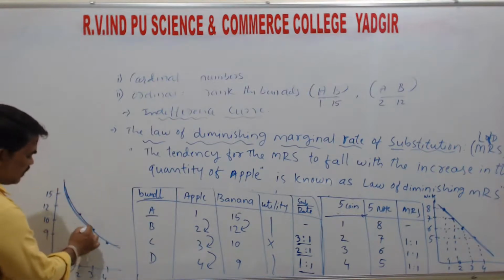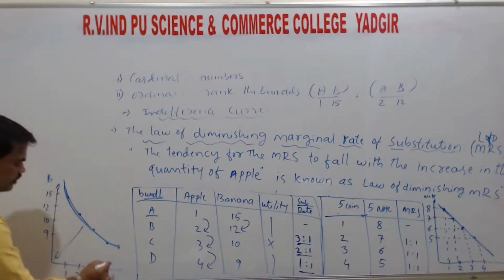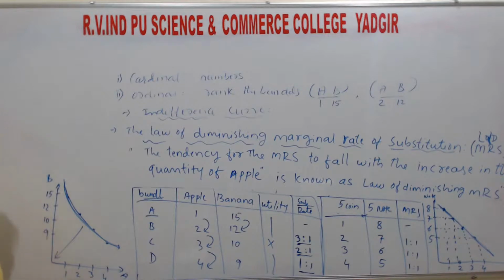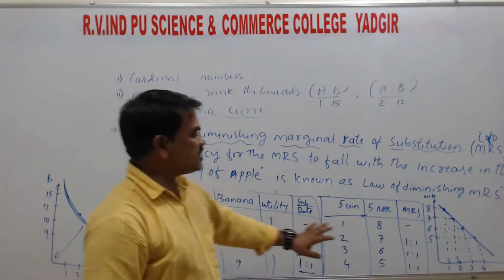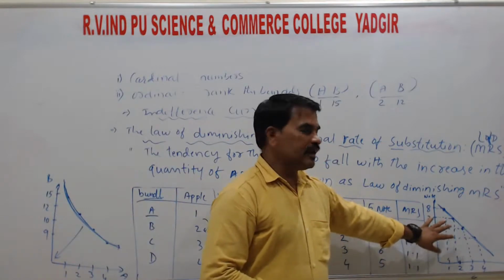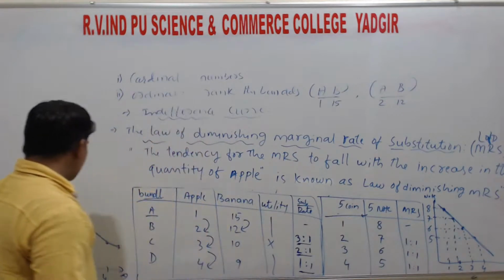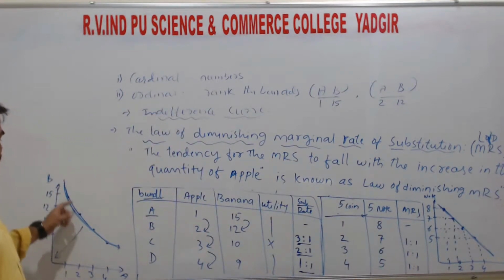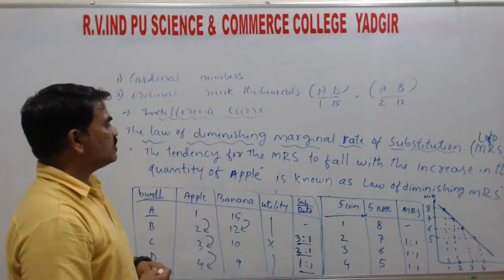It is diminishing when we substitute apple for bananas. Correct? So this is the curve when there is no perfect substitution, and this is the curve when we have a perfect substitution. So it is a straight line, and it is a convex curve we will get when there is no perfect substitution.